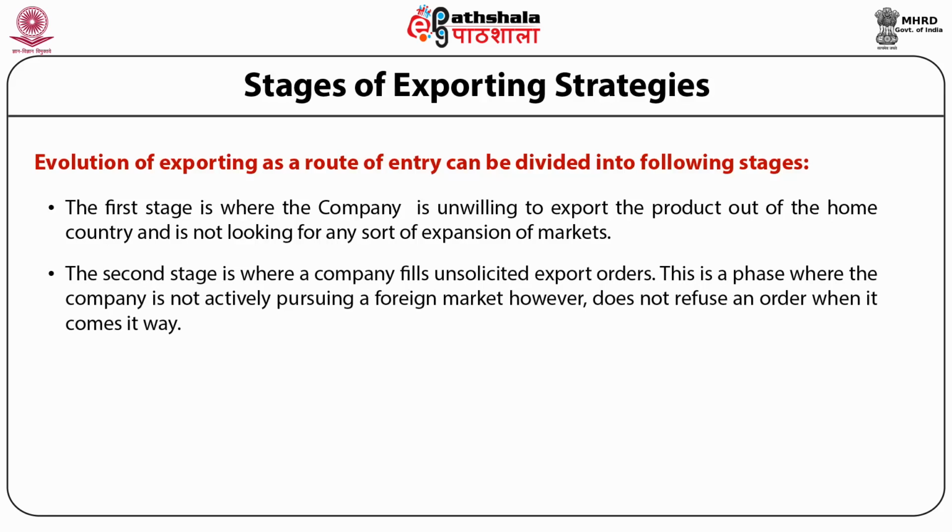The second stage is where a company fills unsolicited export orders. This is a phase where the company is not actively pursuing a foreign market, however, does not refuse an order when it comes its way.